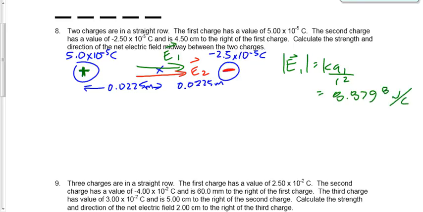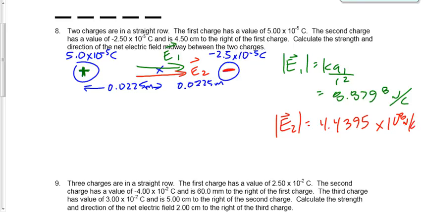Now we're going to say E2. This is one we could actually do in our heads. I'm going to say it's 4.4395 times 10 to the 8. How do we get that so quick?